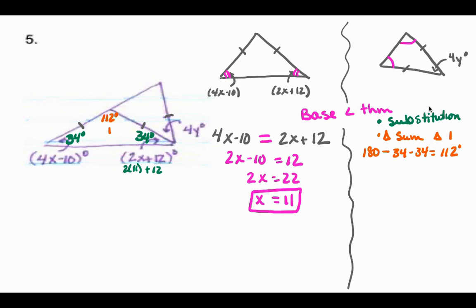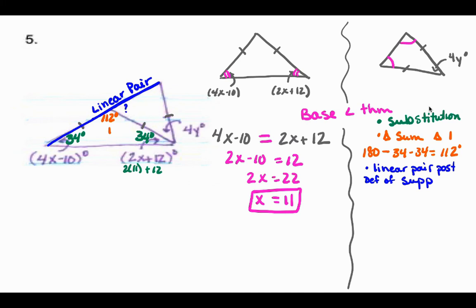And then if we look very closely, we see that our two triangles have a common side. So this makes a linear pair on that side. So now we can use the linear pair postulate and our definition of supplementary in order to find our missing angle beside the 112.